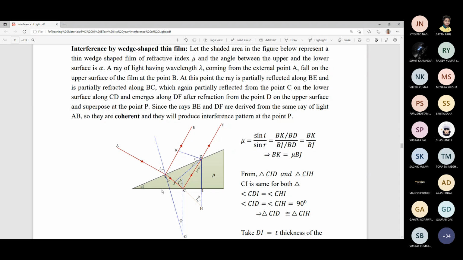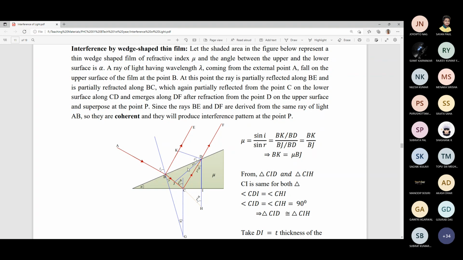Now, you see up to the point B, it is common for both the reflected rays. Then the first ray originates from point B by reflection backed by a denser medium of refractive index mu. The other is transmitted, again reflected backed by a rarer medium, and then transmitted. So for the path difference, if we draw one normal from point D onto this light beam, it will touch at point K. So K and D are points of the same path.